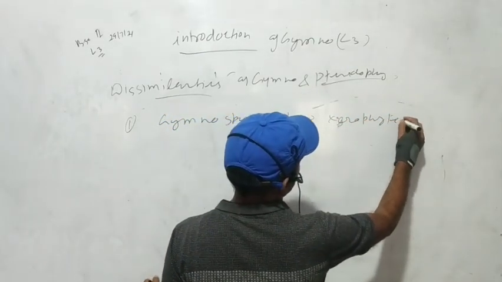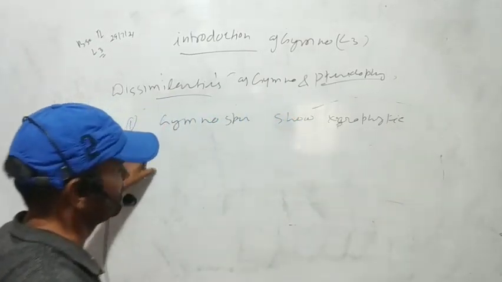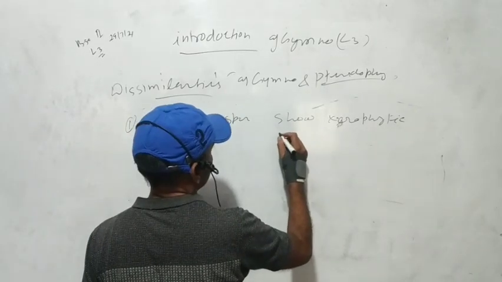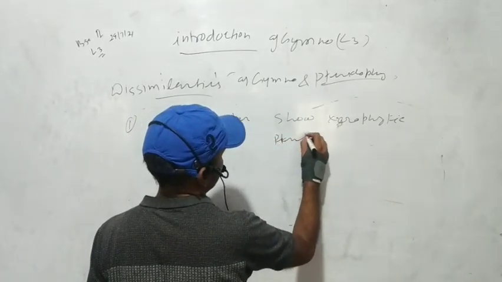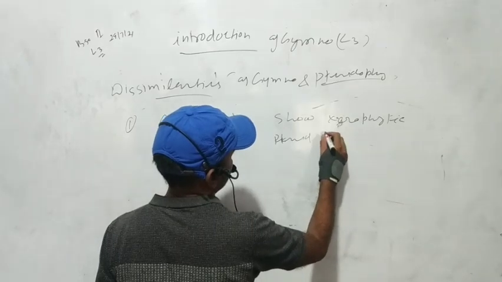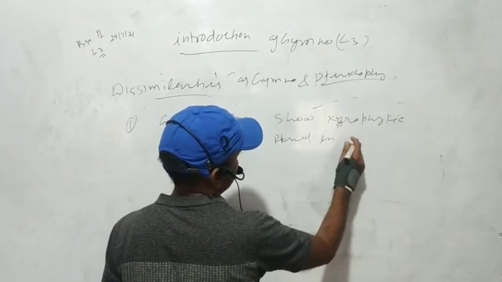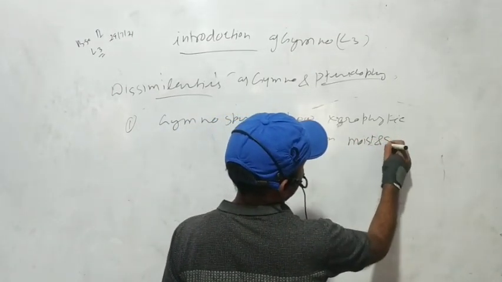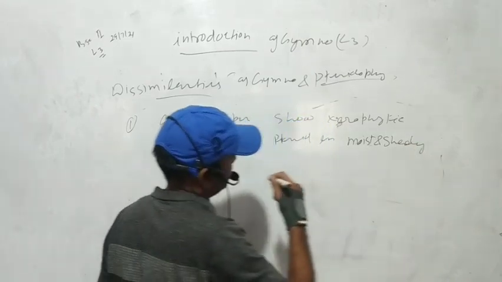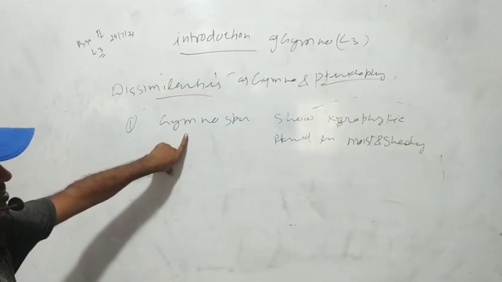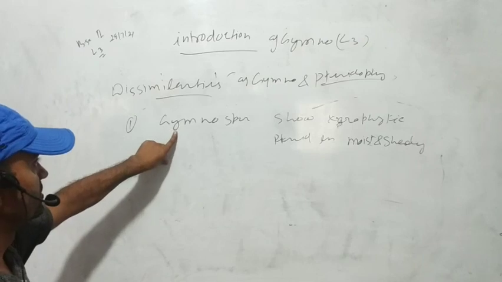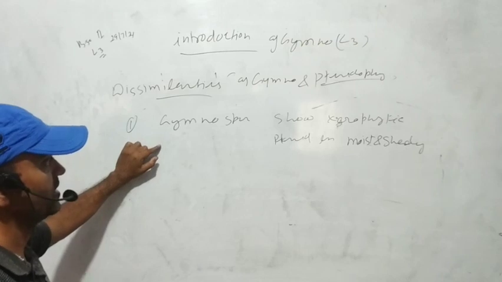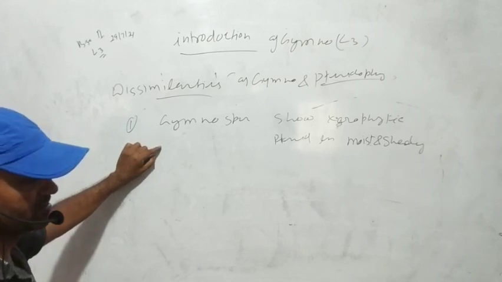We can say it grows in xerophytic condition, but pteridophyte grows in moist and shady condition. Gymnosperm can grow in xerophytic condition, whereas pteridophyte grows in moist and shady condition.